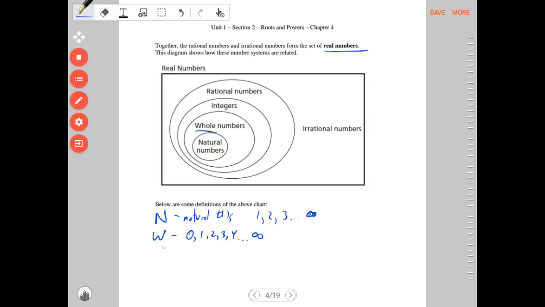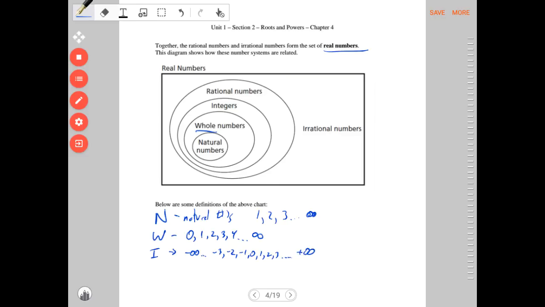Next after the whole numbers is the integers. Those are the positive and negative whole numbers. So it goes all the way down to negative infinity, then -3, -2, -1, 0, 1, 2, 3, all the way up to positive infinity. So those are the integers.